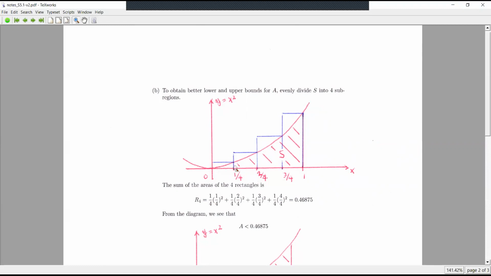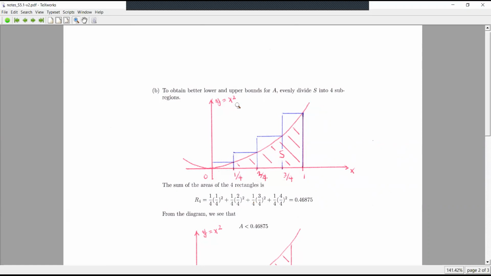Similarly, over the second subinterval, use function value at the right endpoint as the height to build a rectangle. Area is base 1/4, the distance between these two points is 1/4, times height, function value at 2/4, 2/4 squared.